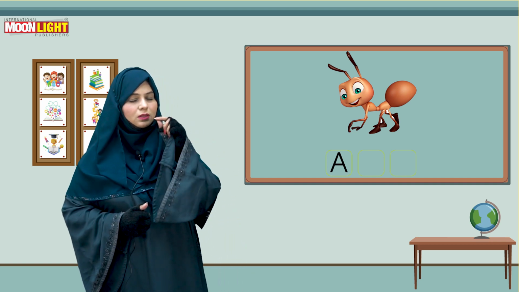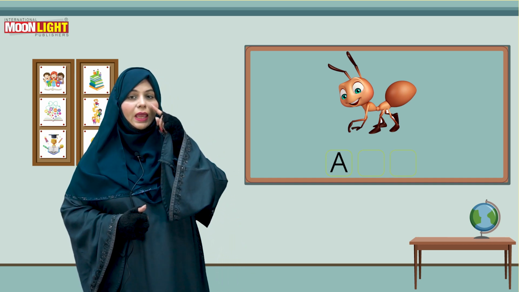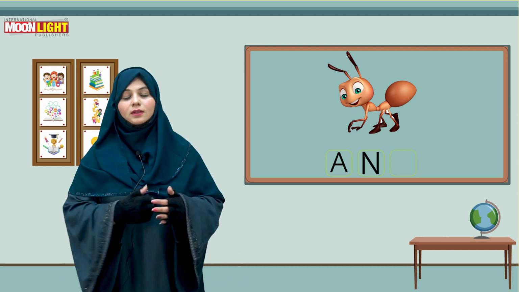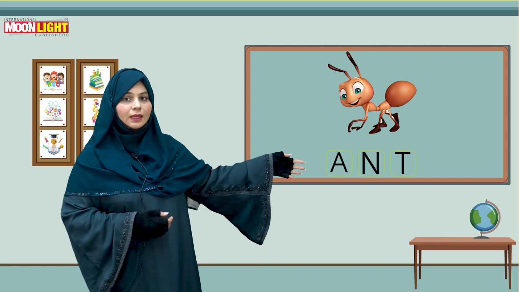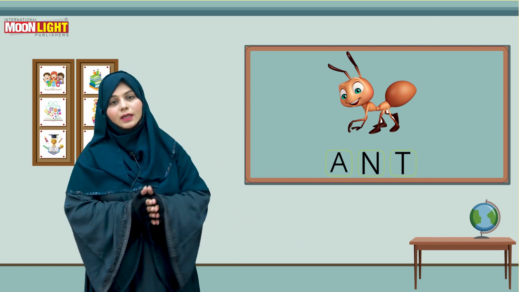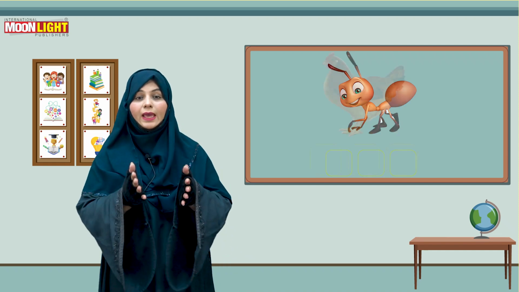I am producing a little sound from my nose, and we are going to write letter N here. After that, the last sound is T. Ant. So write T over here. It's ant.